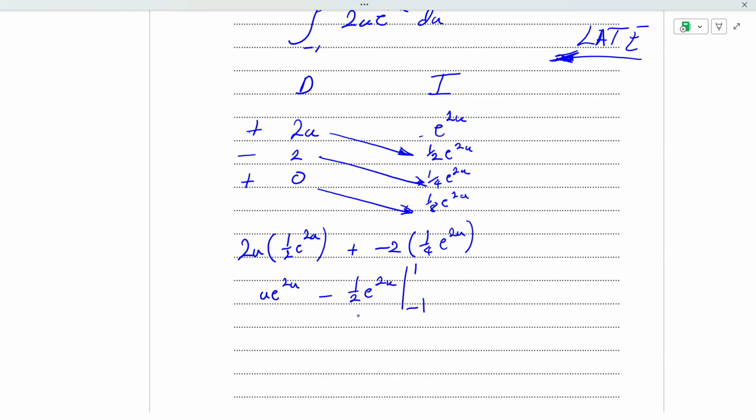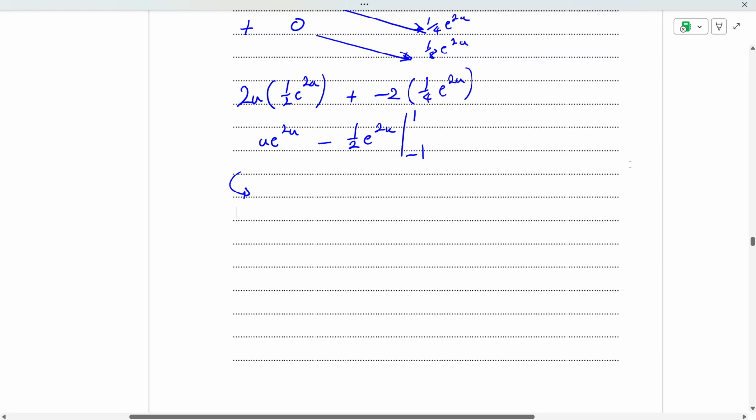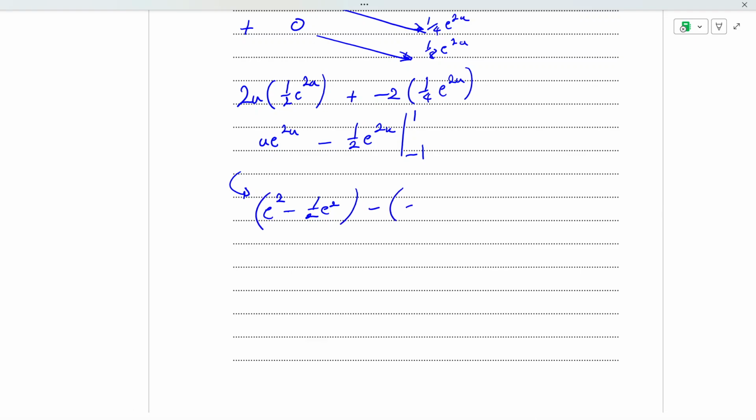You plug in your limits. When you plug in your limits, you will have e squared minus half e squared, and then minus bracket negative e to the negative 2 minus half bracket e to the negative 2, right? Okay.